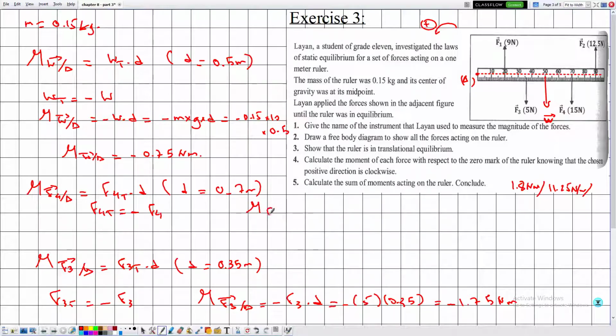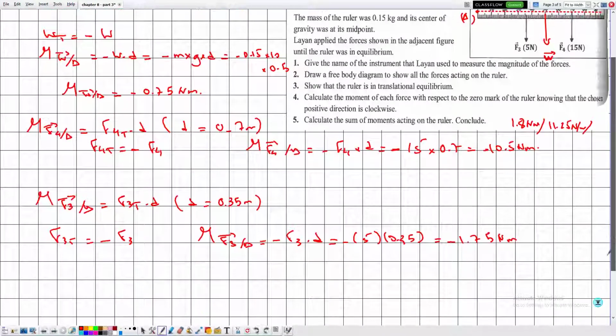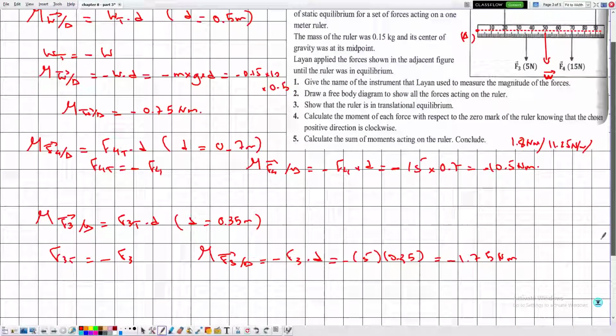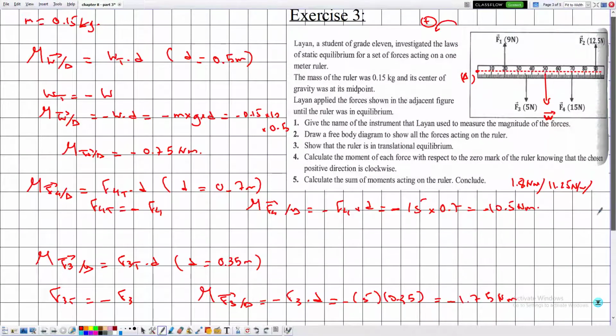Then the moment of F4 over delta is equal to minus F4 multiplied by D, which is equal to minus 15 multiplied by 0.7 on the calculator, minus 10.5 newton meter. Okay, so we are done with part 4.